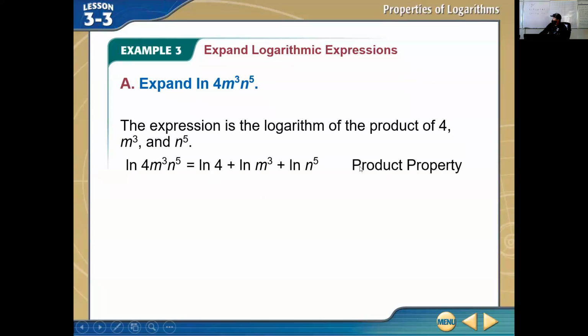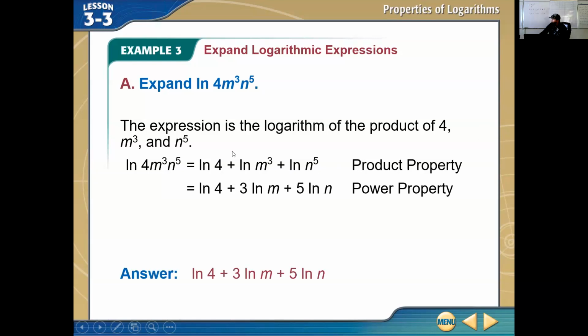So here they use the product property of logarithms to expand them all out, because it was 4 times m cubed times n to the 5th. Now they use the power property and bring those exponents out front. And that's as far as we can expand it. We have to pay attention to what the directions tell us. It asks us to expand it, not evaluate.